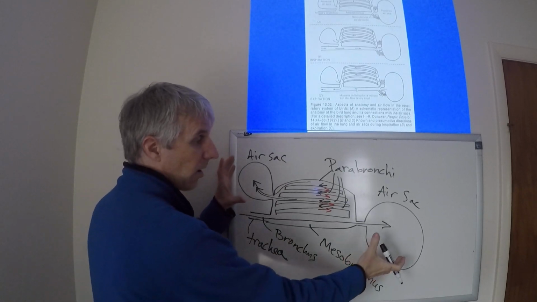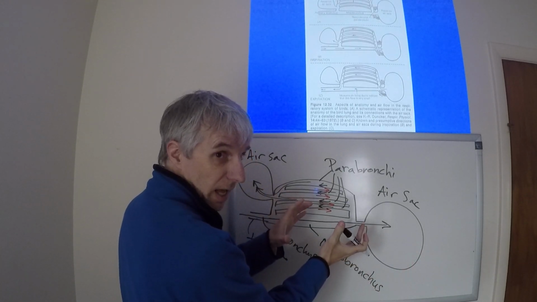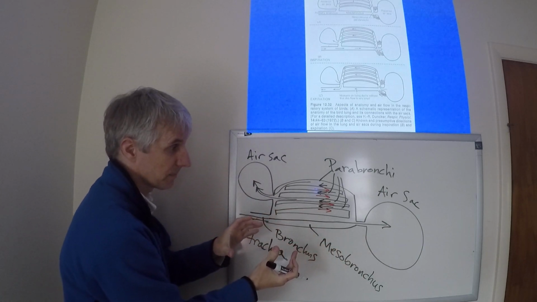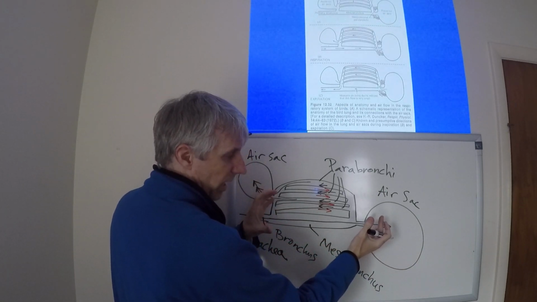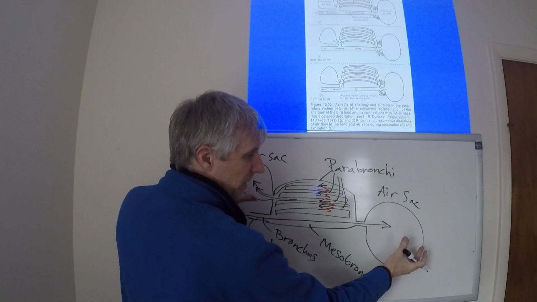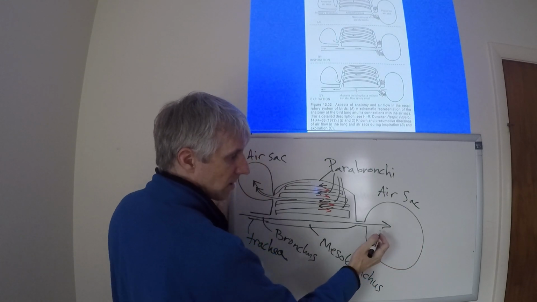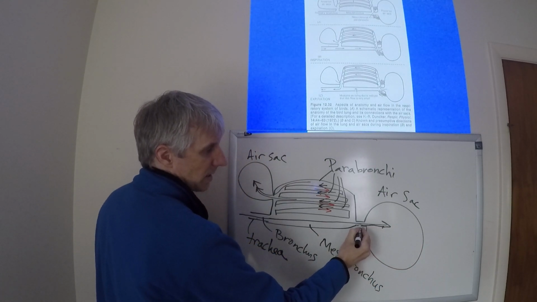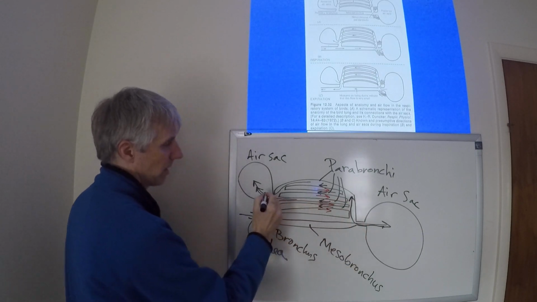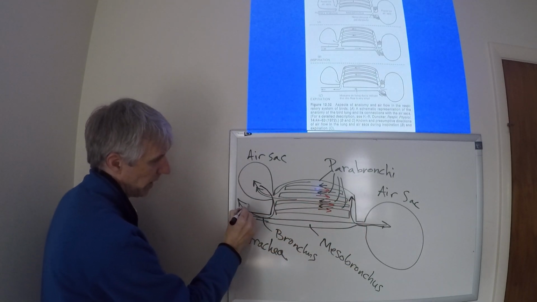Okay, all right, now decrease the size of the thoracic cavity. I'm going to end up squeezing on these air sacs. Air is going to get pushed this way and this way.